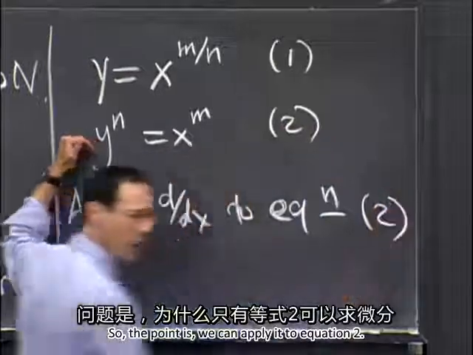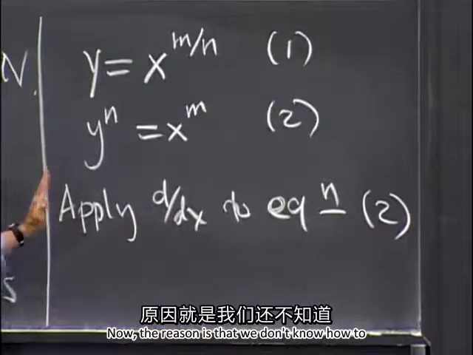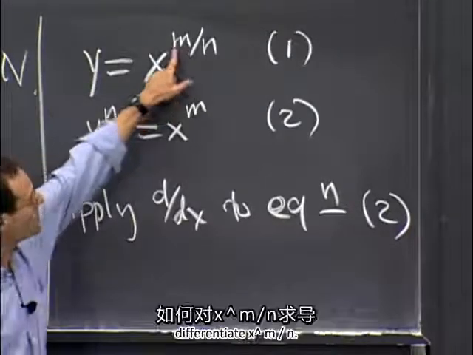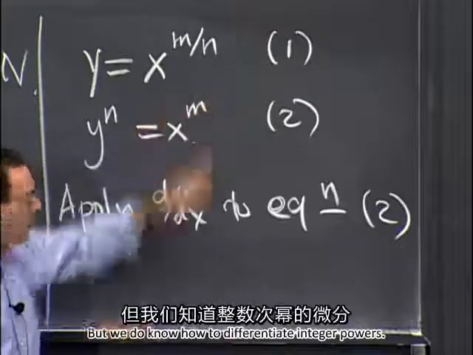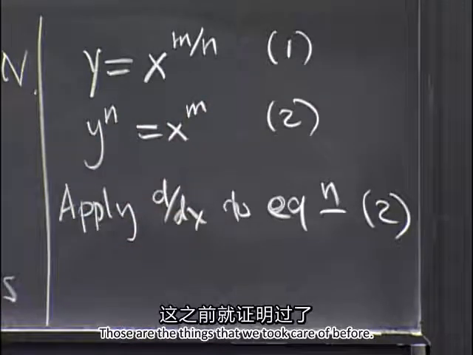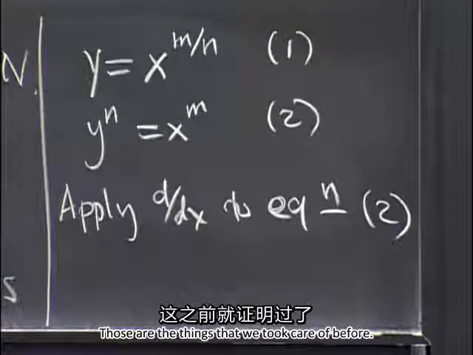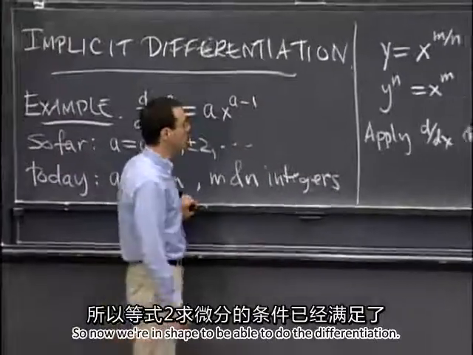The point is that we can apply it to equation 2. Now, the reason is that we don't know how to differentiate x to the m over n. That's something we just don't know yet. But we do know how to differentiate integer powers. Those are the things that we took care of before. So now we're in shape to be able to do the differentiation.